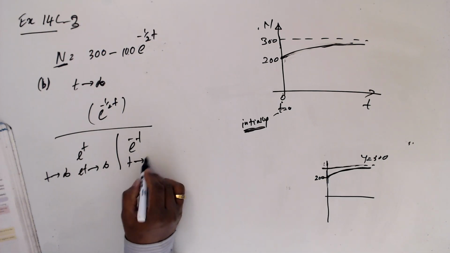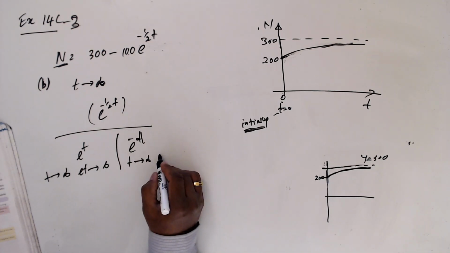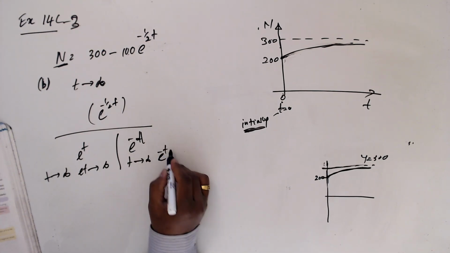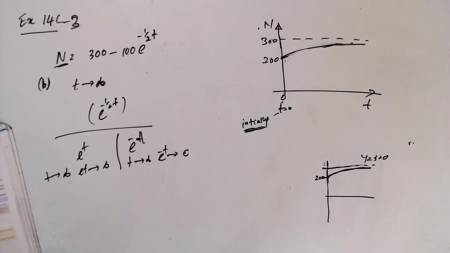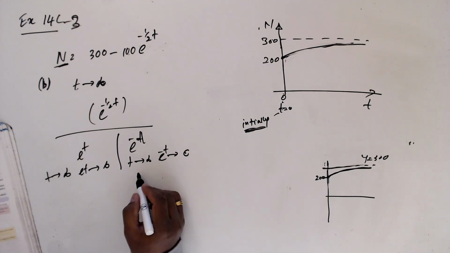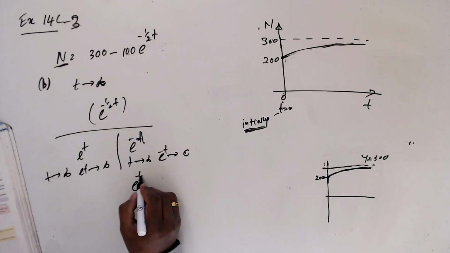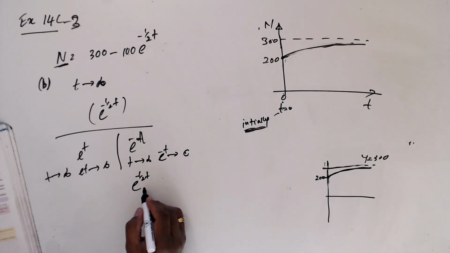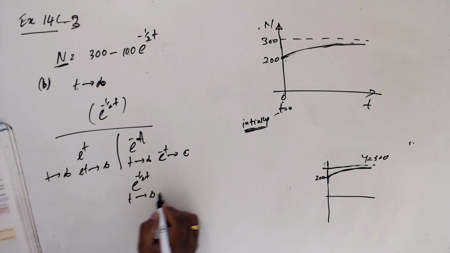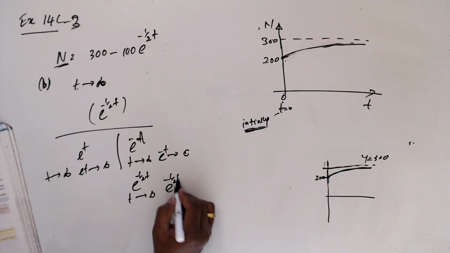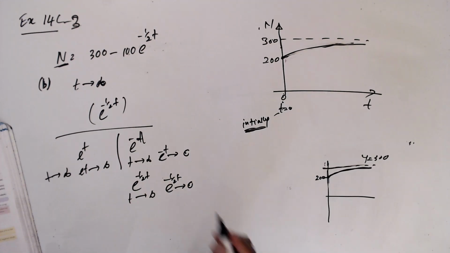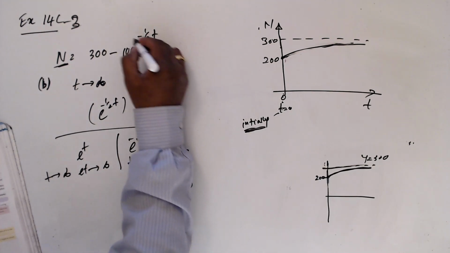If it is minus, e^(-t) goes to 0. So this will guide you. Then minus half t is also this kind of form. So when t goes to infinity, e^(-t/2) goes to 0. Then this part becomes 0.